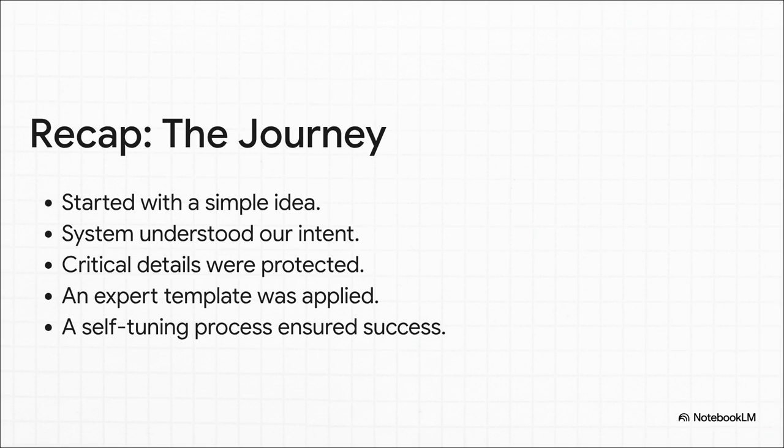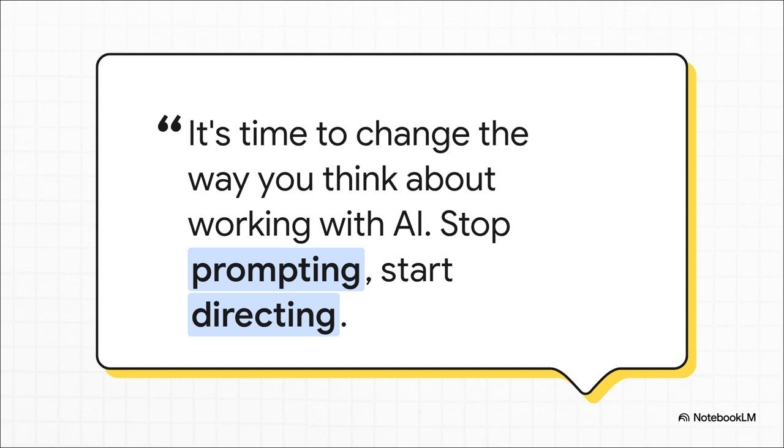All of it guided by a self-tuning process to make sure it worked. And that brings us to the really big idea here. This kind of technology moves us beyond just asking the AI questions and hoping for the best. It's about taking control. We're not just prompting anymore. We are actively directing the AI to do exactly what we need it to do.